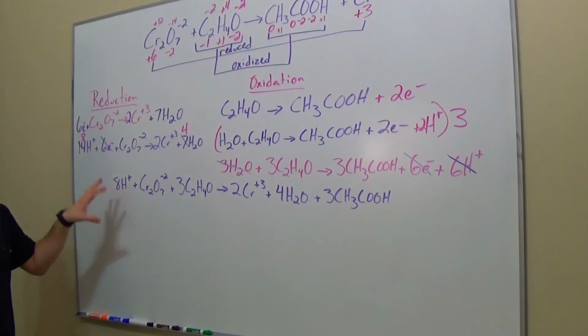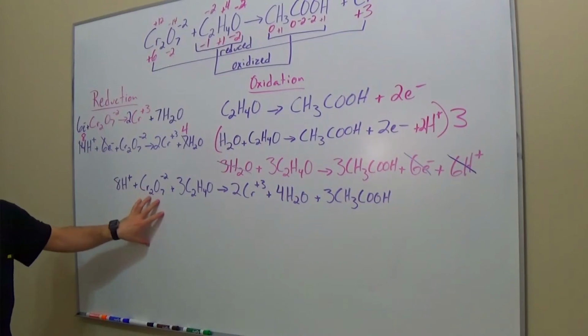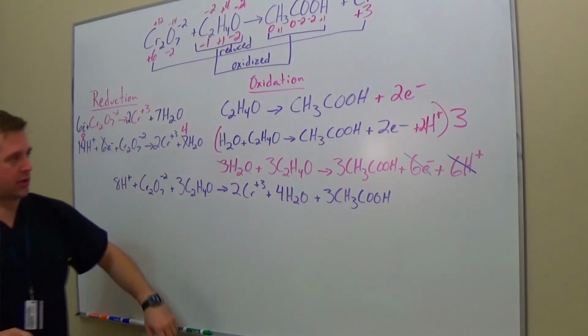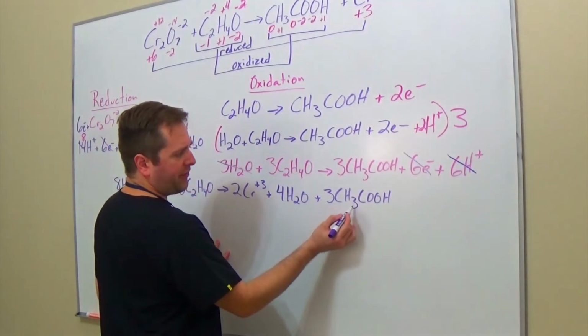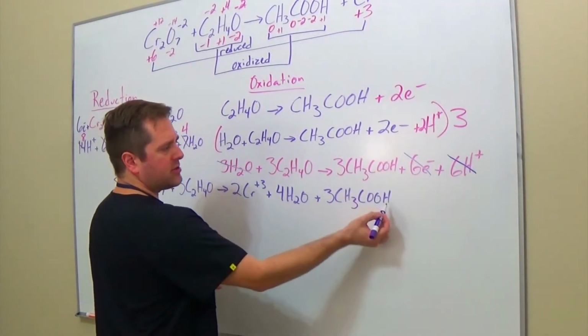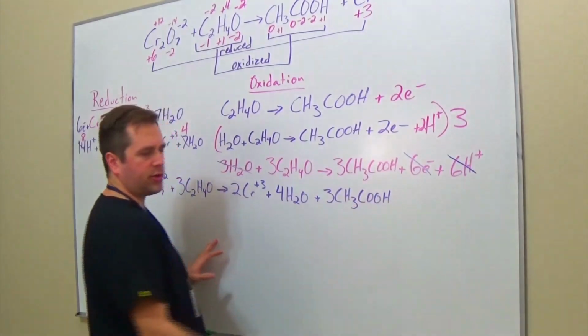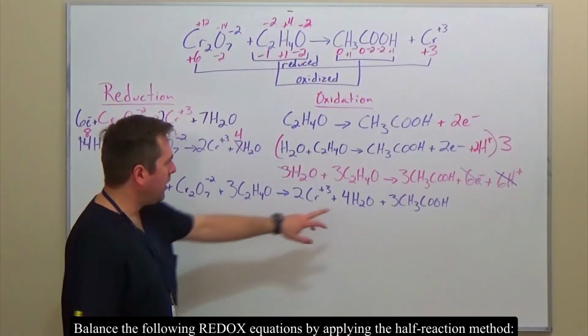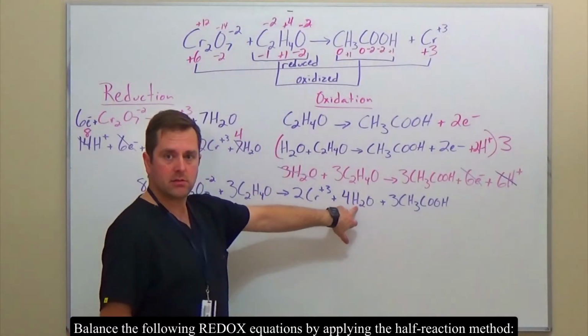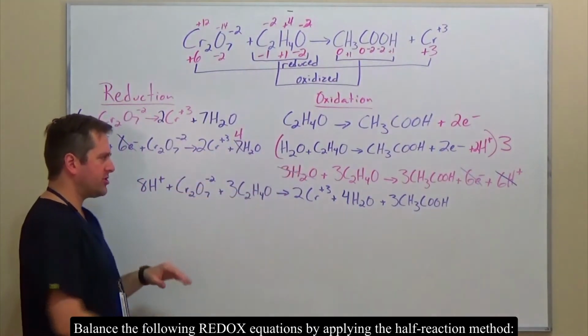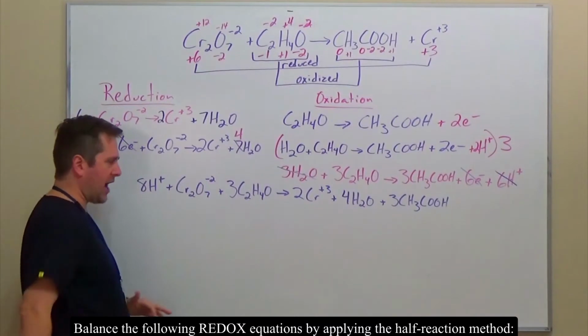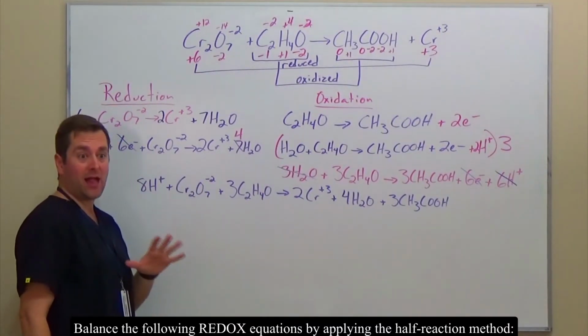So you're looking at 20 hydrogens in total on the left. Let's figure out what we're working with here. Be very careful. Here we have 3 times 3 is 9. But don't forget about this hydrogen. Here's an additional 3. So we're looking at 12 plus 8, again 20. 20 hydrogens, 20 hydrogens. This whole redox reaction is now officially balanced.